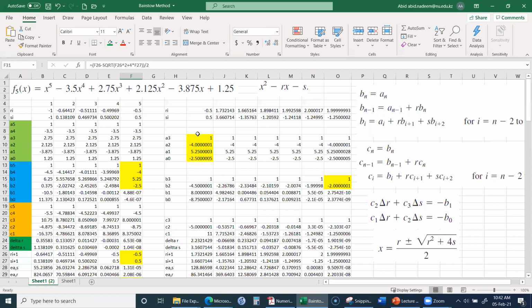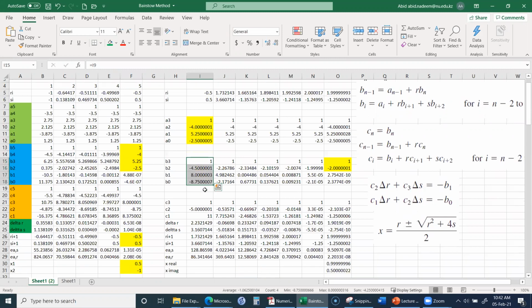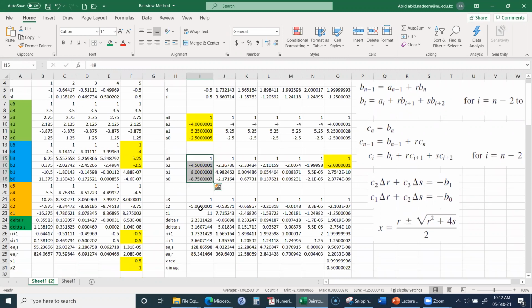So we have these coefficients a3 to a0, and from these we will find the coefficients b3 to b0. From these coefficients b3 to b0, we will find the coefficients c3 to c1.